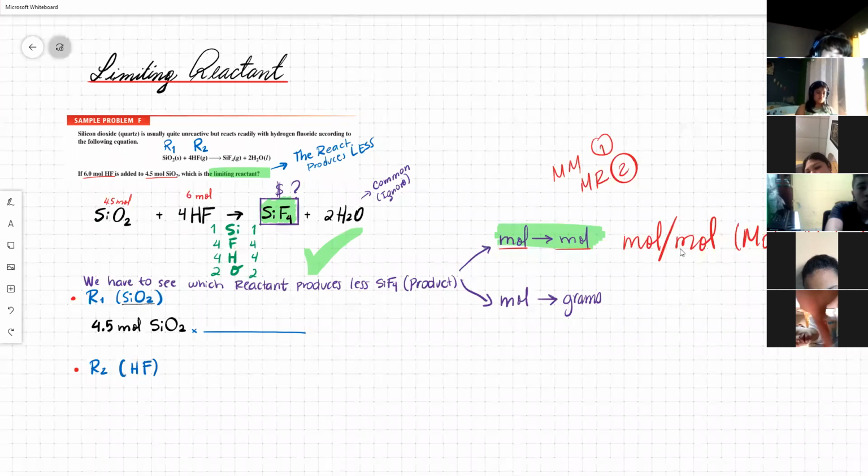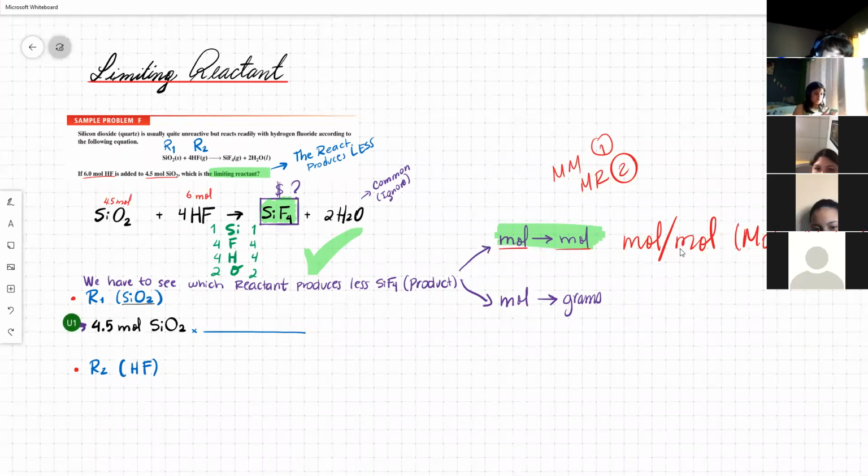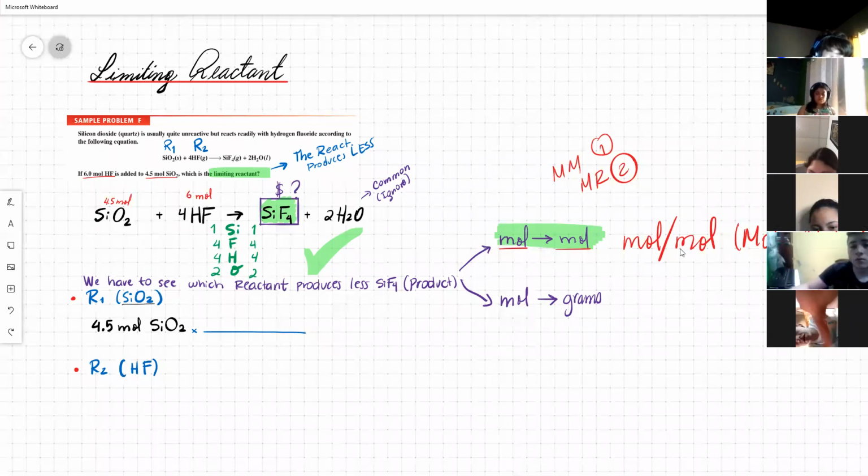Now, what will be the molar ratio between my given and my unknown in the first reactant? What is the molar ratio that I need to use? One mole of silicon dioxide in the bottom.